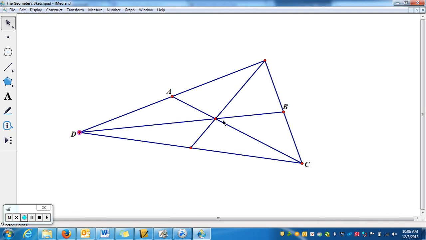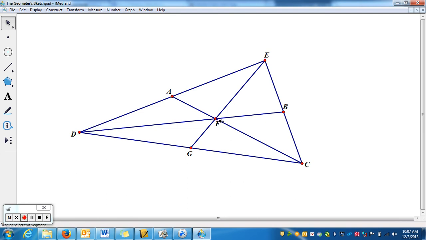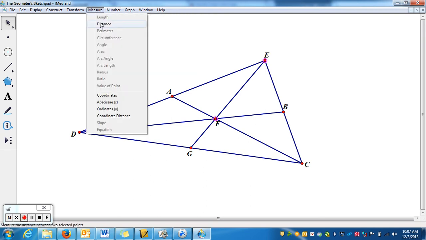Alright, so there's something special that happens between this length and the length beyond the point of concurrency. So let's label some points here that we haven't got labeled. Let's look at EF and FG compared to the entire length. So let's measure EF.